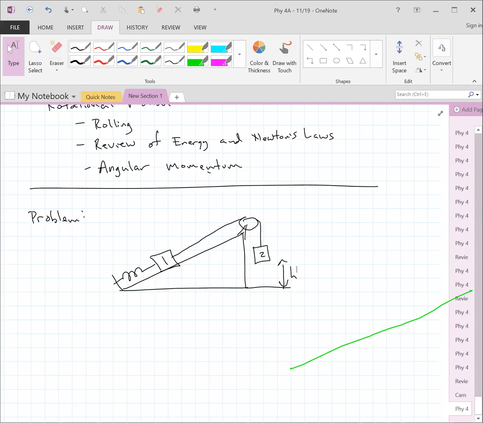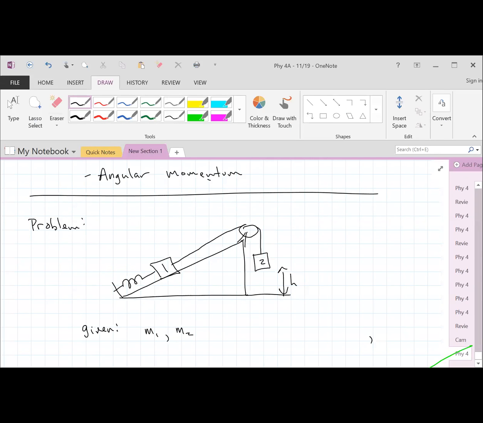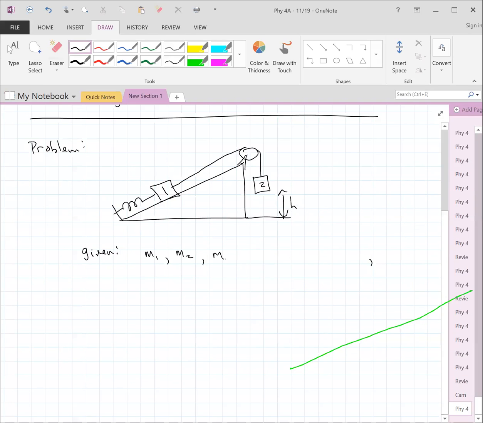All right, let me work through this one. We're going to start off with looking for the speed. So given M1 and M2, we would have to know the mass of the pulley, the radius of the pulley, and that the pulley is a solid disk.